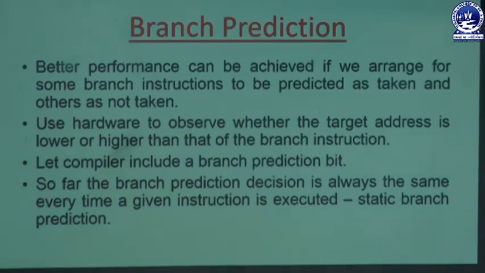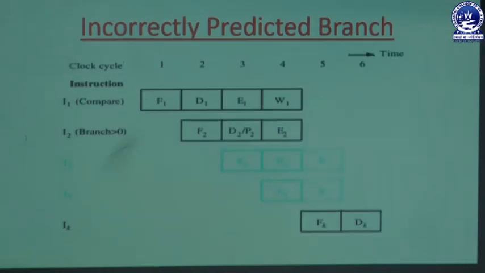In the previous example we discussed that if an incorrectly predicted branch takes place, the branch prediction happens in cycle 3, while instruction I3 is being fetched. Here you can see the fetch unit predicts that the branch will not be taken, and it continues to fetch instruction I4 as I3 enters the decode stage.